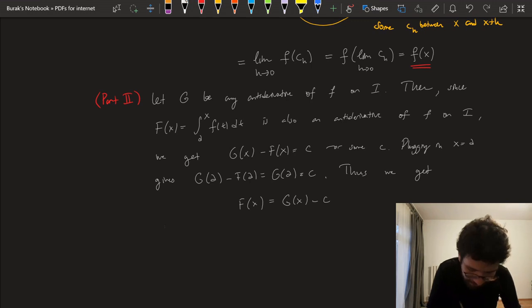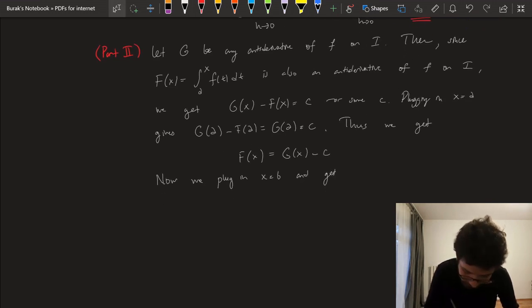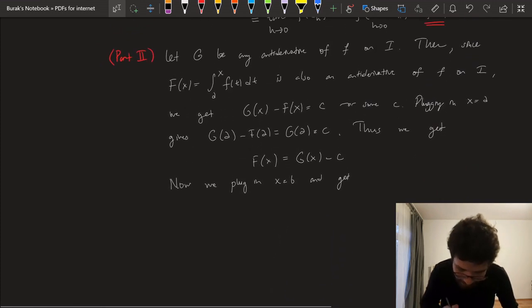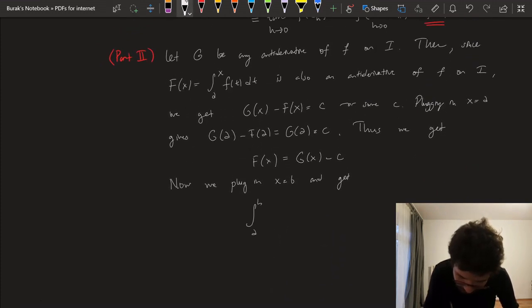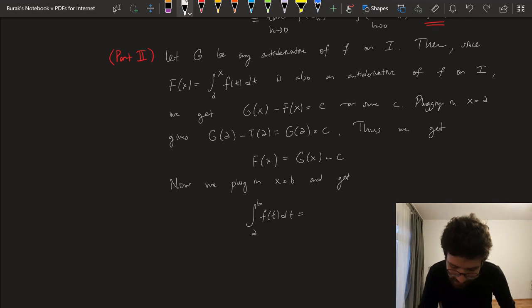Now we plug in x equals b and get that F of b is the definite integral of f from a to b, and G of b is, well, it's G of b, and C is G of a.